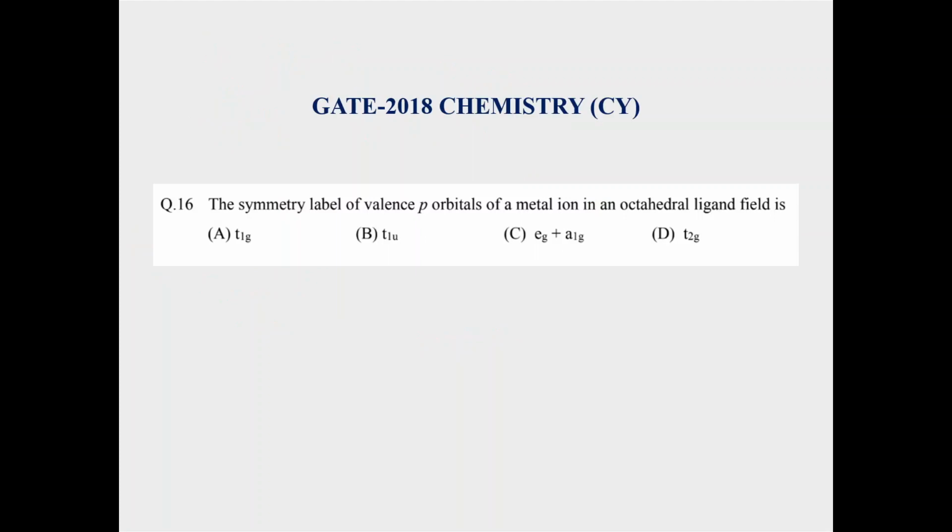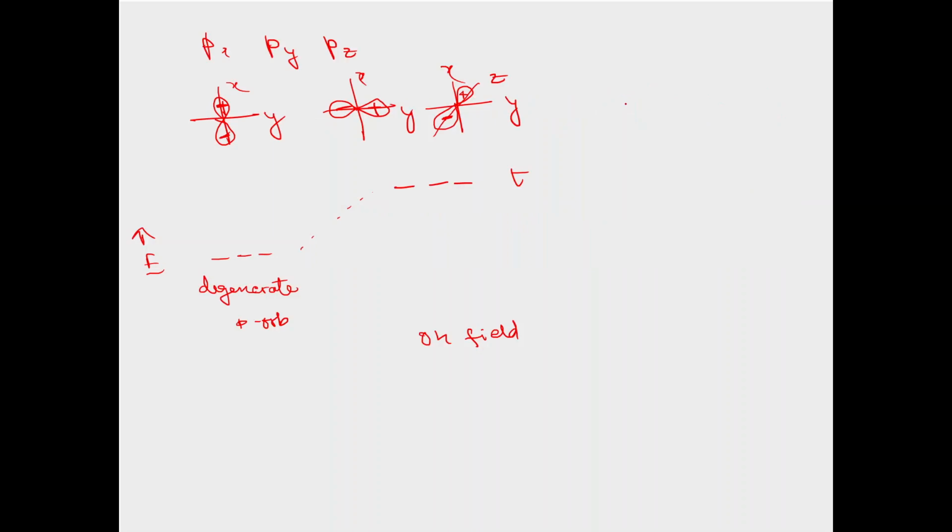So from here we can first cancel out the eg and a1g options. Now we have these 3 options remaining: T1g, T1u and T2g. Now, as you already pointed out, this g and u term comes from the center of symmetry.